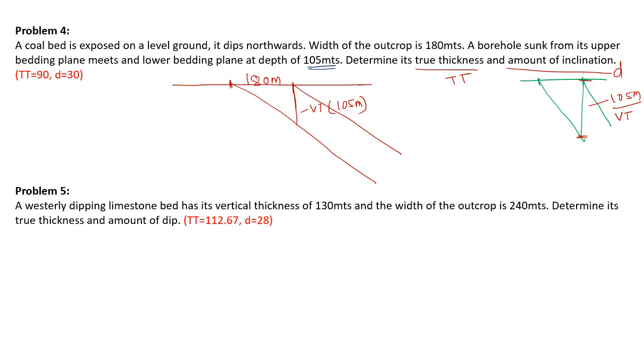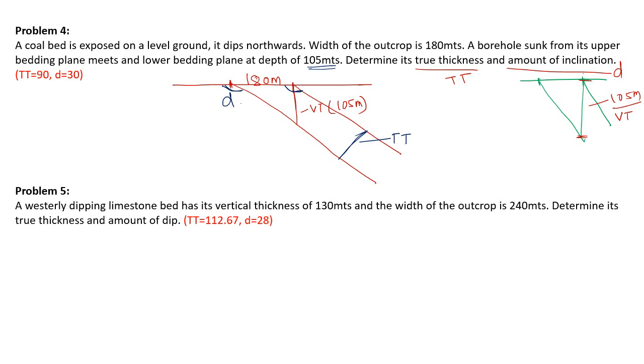Now if you measure this distance, you will get the TT value, and if you measure this angle, you will get the D value as well. So this is how problem number 4 can be solved.